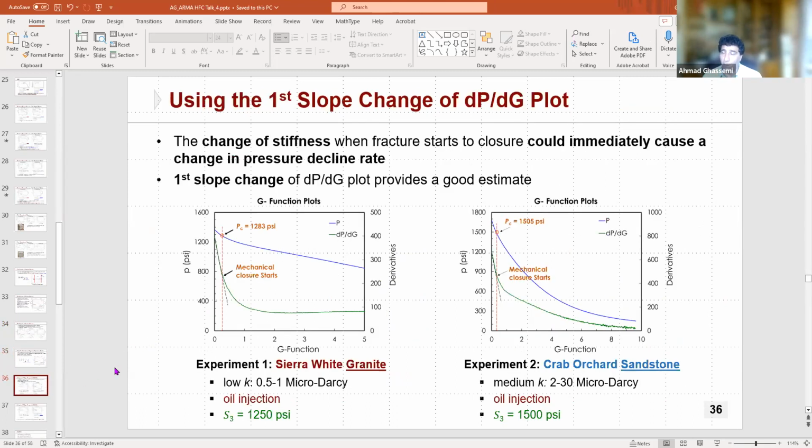So what we are suggesting, based on the data, is that we can take the first change in slope as the signature for closure. That first change is the first indication of change in compliance, and so that should be taken as the closure pressure.